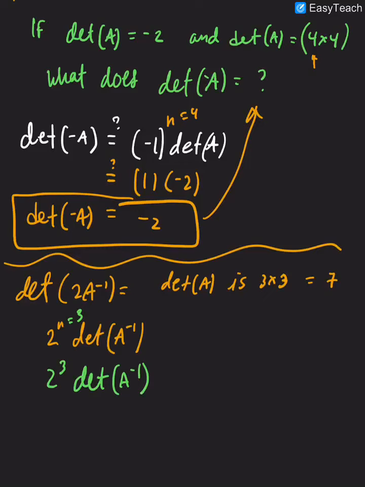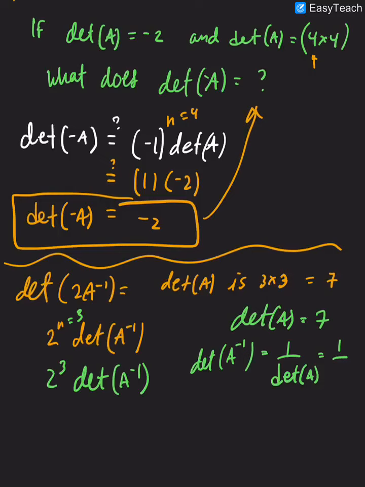Okay, so here we have the determinant of A is equal to 7. If you remember, back to our properties, the determinant of A inverse was equal to 1 over the determinant of A, which means the determinant of A inverse is equal to 1 over 7 in this case.